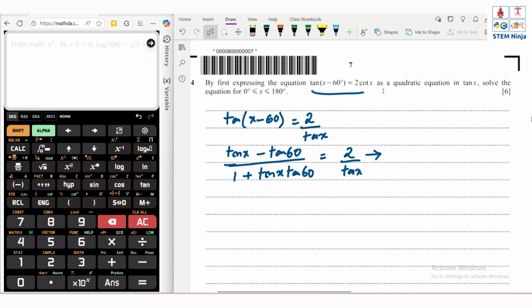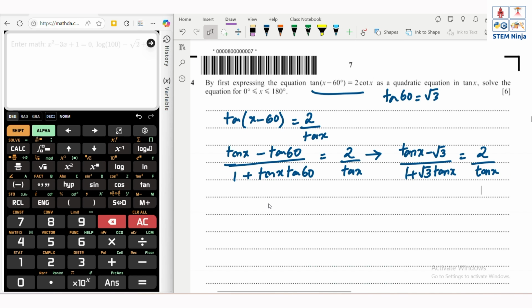This becomes, we know tan 60 is root 3. So this becomes (tan x minus root 3) divided by (1 plus root 3 tan x) equals 2 over tan x.